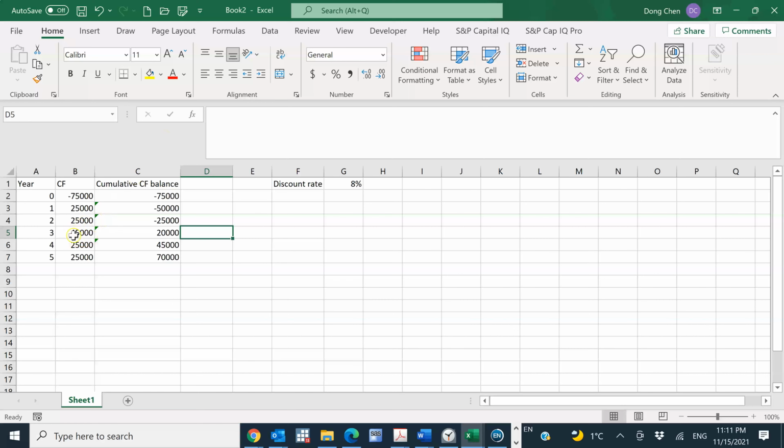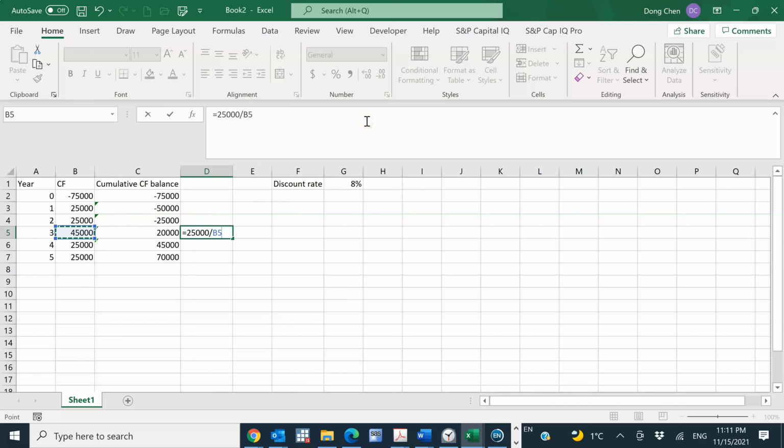Over the entire year, the total cash flow we're going to receive is $45,000, but we will only need $25,000 to cover the sum of the cumulative balance before this year. That's how much we need, and that's how much we have for the entire year.